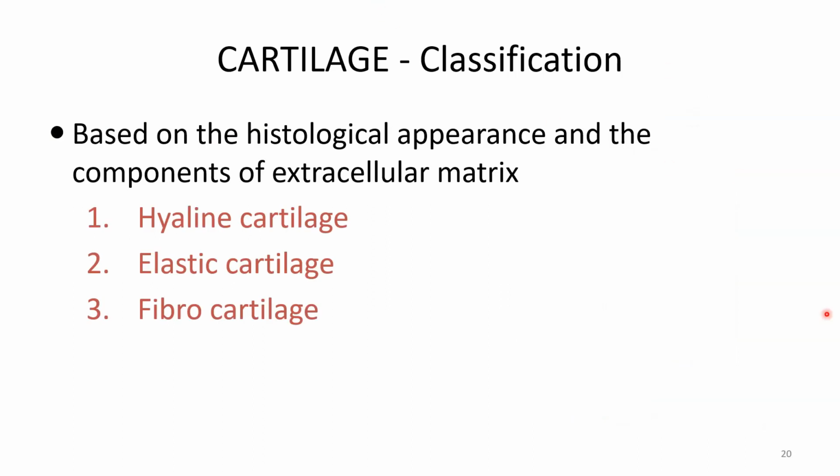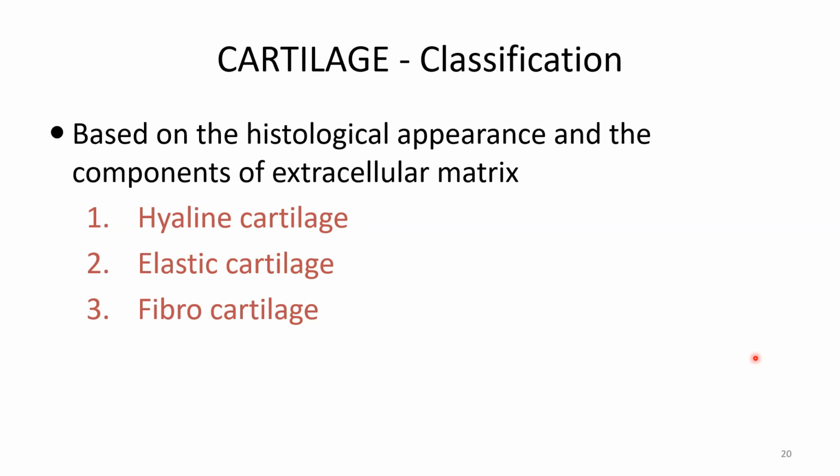Coming to the classification of cartilage. Based on the histological appearance and the components of the extracellular matrix, the cartilage can be classified into three types. They are the hyaline cartilage, the elastic cartilage, and white fibrocartilage or just fibrocartilage. Their name itself implies their structural composition.